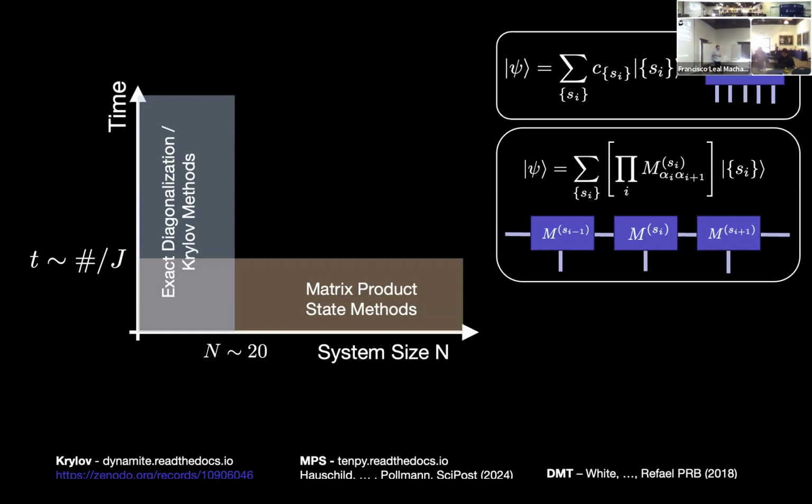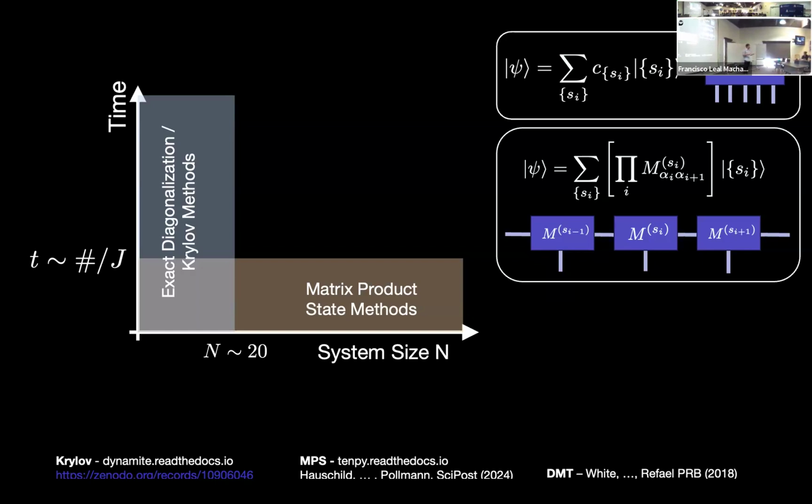And as long as you set this bond dimension to be some number, you can do calculations for arbitrary system sizes. But because this encodes the entanglement of your system, you're often limited to some time scale. The simple intuition is that the entanglement should grow linearly in time. The bond dimension scales exponentially with it, so even for very large bond dimension, you're also limited to a certain time.